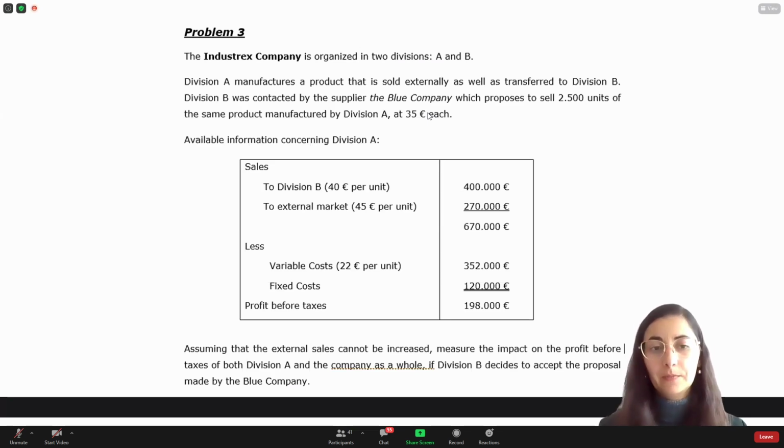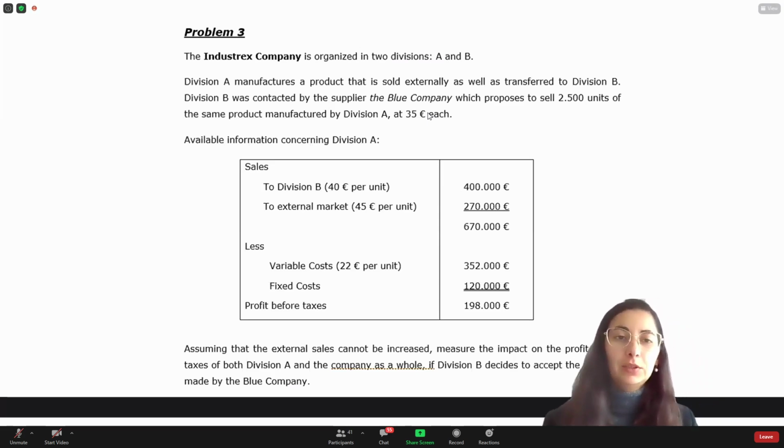And thus the profits will get to 153,000 euros, which is 45,000 less than before, than the original scenario that we have there on the table.